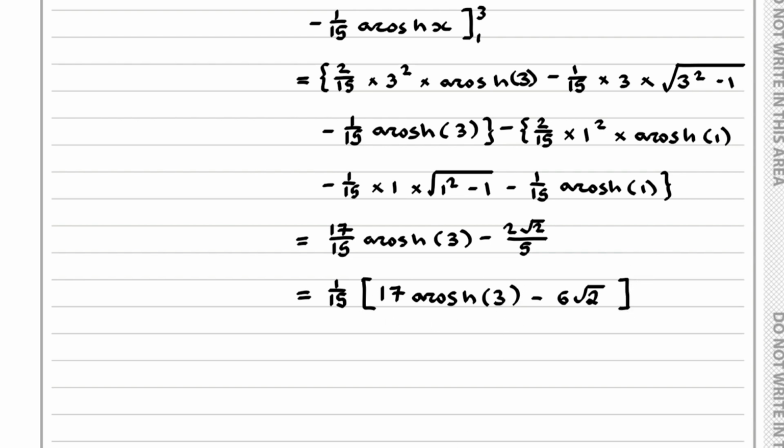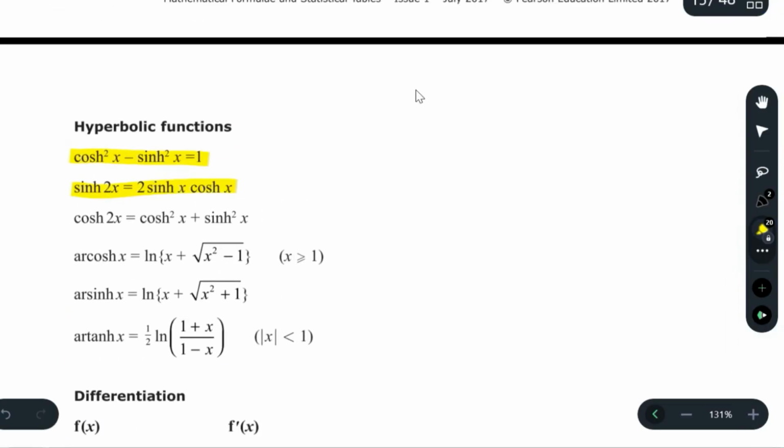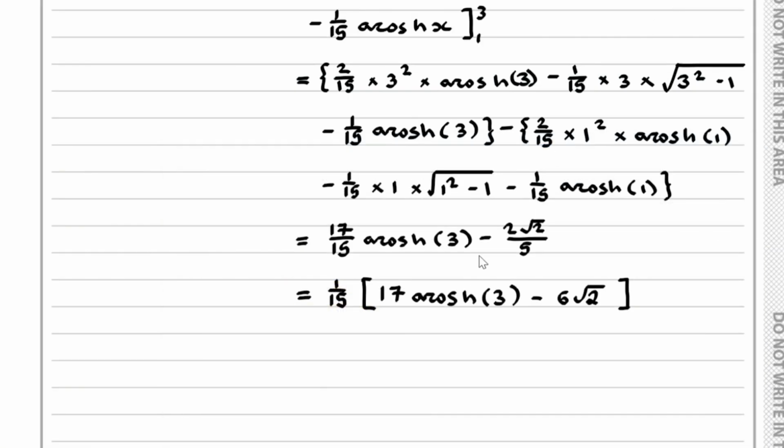And let's work out this result. We can go to the formula book under the hyperbolic section. Here is how we work out the inverse hyperbolic cosine of x. It's the natural log of x plus square root of x squared minus 1. So we've got 1 over 15 times by 17 lots of the natural log of 3 plus 3 squared minus 1 square rooted, and then we've got minus 6 root 2.